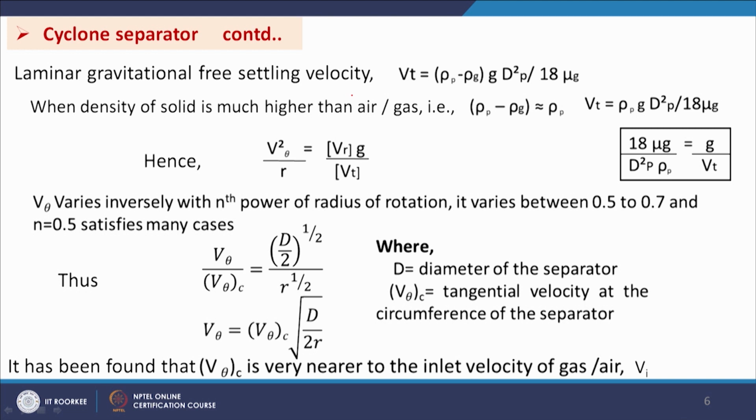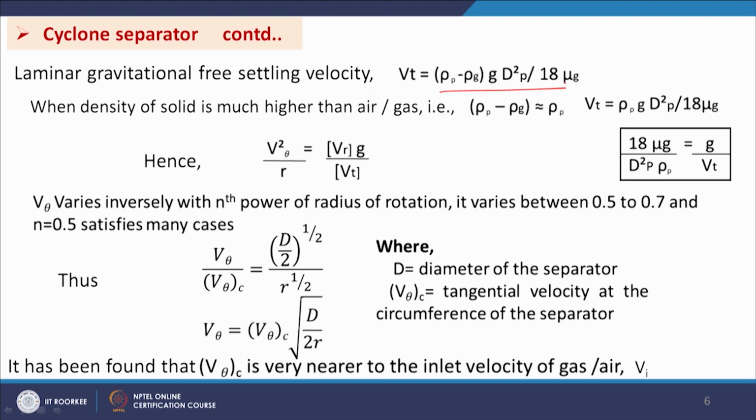Now, regarding laminar gravitational free settling velocity, as you know the particle is inside the cyclone, centrifugal force is working on it and drag force is also working on it, but there will still be some gravitational forces working, but we may ignore them. But if we want to get the V t value, V t will be rho p minus rho g into g dp square by 18 mu g if it is a laminar flow, as we discussed in our previous classes.